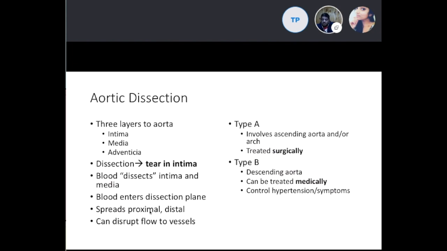You control the hypertension and the symptoms. What the hypertension does is stretch the aorta and drive blood into the dissection plane, so by controlling it, you stop that. The surgical mortality in these patients is high, so that's why they choose to treat it medically rather than surgically, because the mortality rates of performing the surgery are greater. Something to keep in mind.